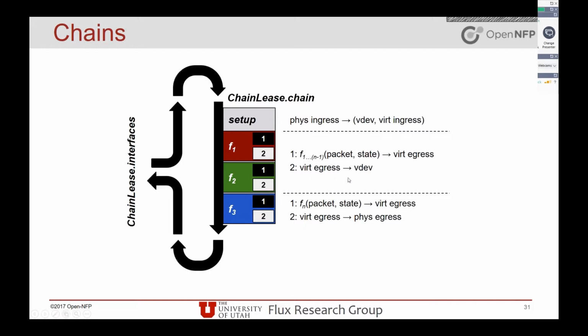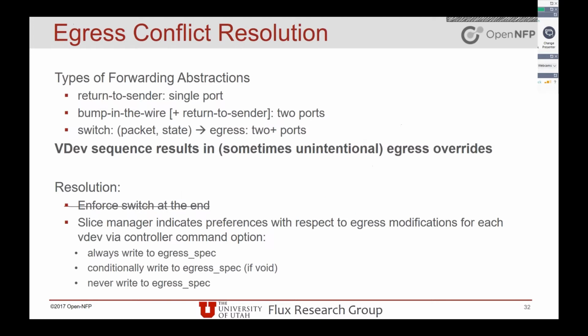That virtual egress then gets mapped to the next virtual device ID in the chain. This is the behavior that applies to these first two virtual devices within this specific chain. But then, if it's at the end, that virtual egress spec will map to a physical egress port where the packet needs to be sent out.